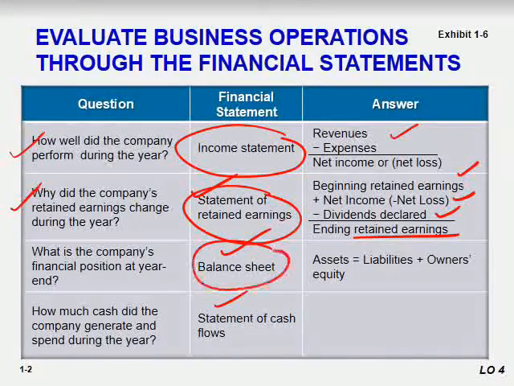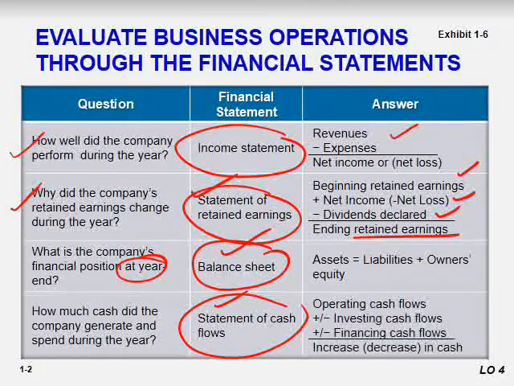The next one is the balance sheet, which shows the company's financial position at year's end. The next one is the statement of cash flows, which shows how much cash the company generated and spent during the year.